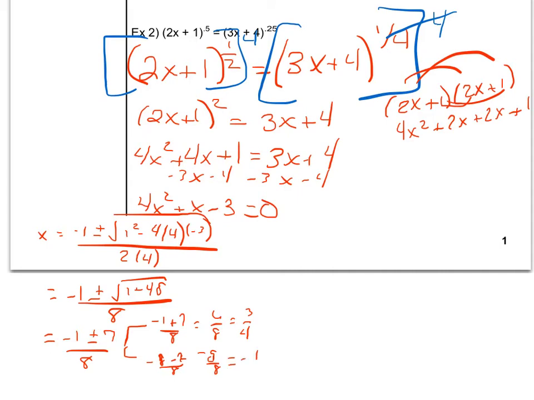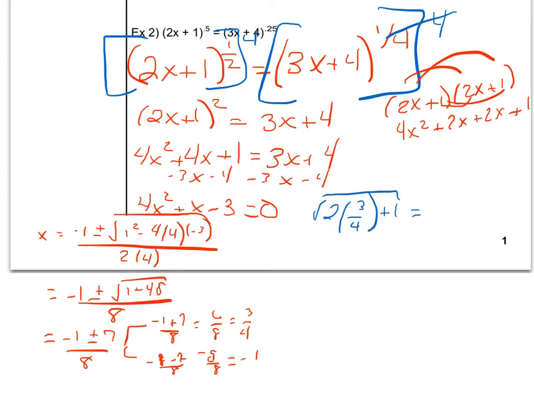But if you remember from before, if I square a variable, I have to check for an extraneous solution. So I'm going to plug both of these answers back into my original problem. I have the square root of 2 times 3 over 4 plus 1.